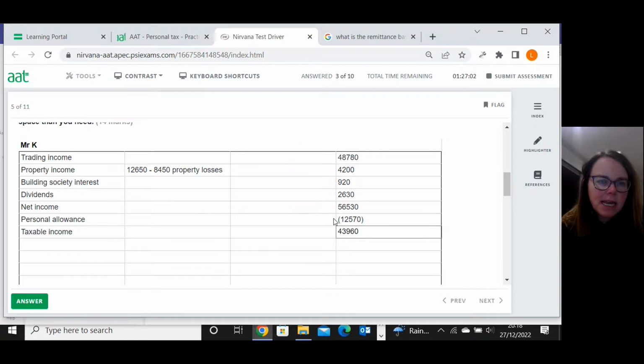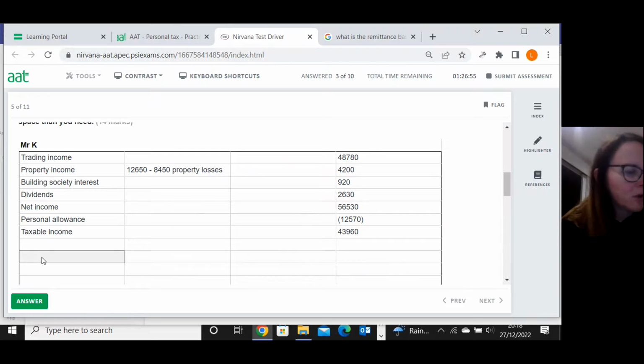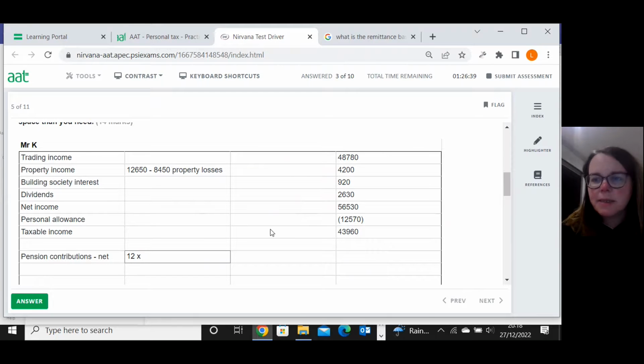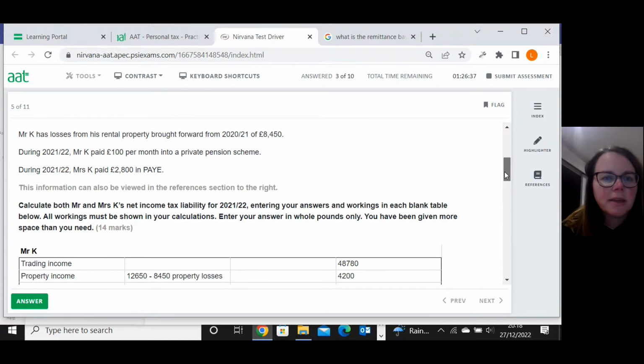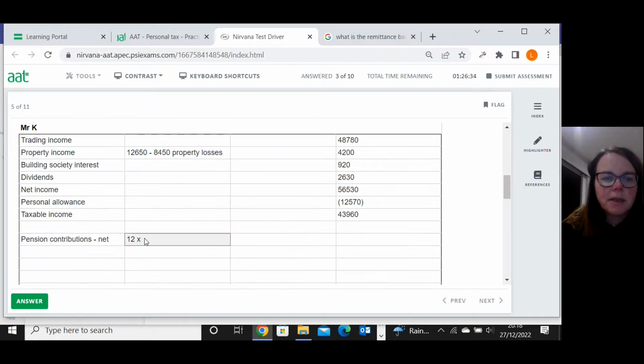Right, so we know that he is a higher rate taxpayer. We also know that he made some pension contributions. So let's have a little work in here about his pension contributions. So the net was 12 times 100 that he was paying each month, which is 1,200 net.